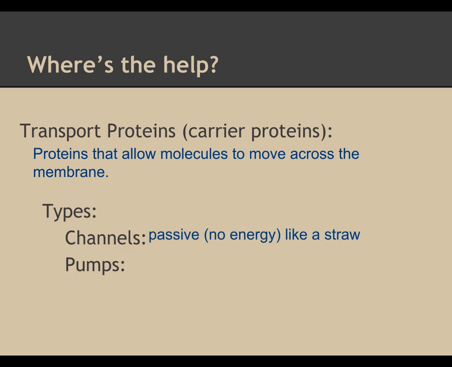Some transport proteins do require energy and they're active. And again, because the test makers like to put pictures of cell membranes on tests, let me show you what a picture of a passive transport protein would look like, and I'll show you a picture of what an active transport protein may look like so that you'll be able to tell the difference.